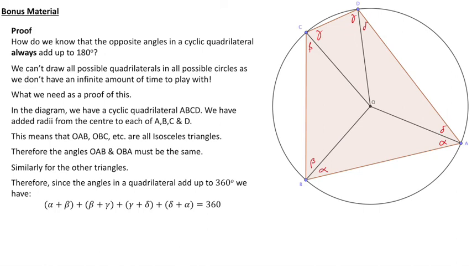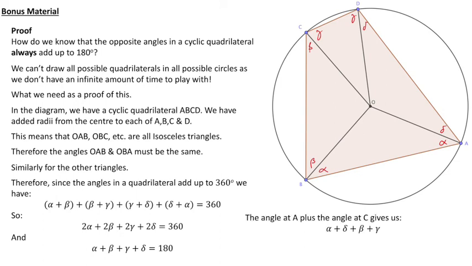Those brackets are there to show that we're looking at the angles at each corner, but in fact we can ignore the brackets because it's all plussing, and we've got 2 alphas, 2 betas, 2 gammas and 2 deltas, so they must add up to 360. And if we divide both sides by 2, we end up with alpha plus beta plus gamma plus delta is equal to half of 360, which is 180.